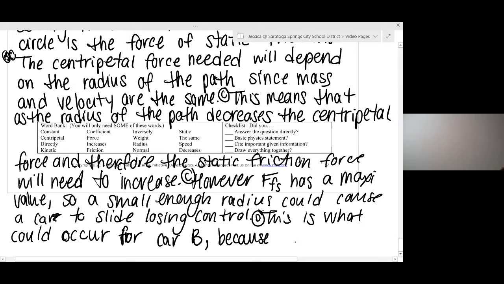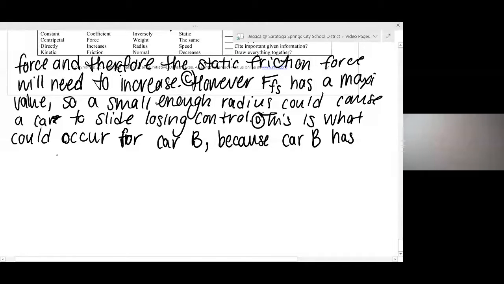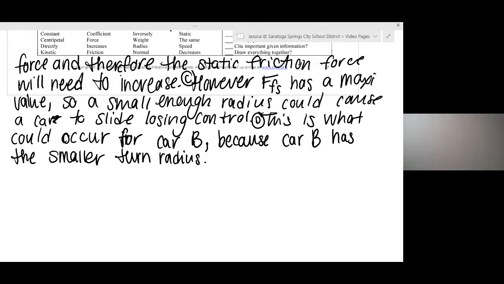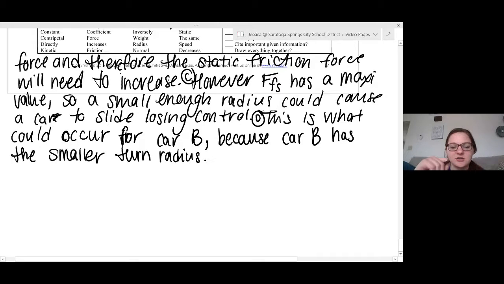Car B has the smaller turn radius. There, now I've officially put everything together. So I've referenced the difference between car A and car B. And then if we work backwards, we can see why car B has the better chance of losing control.